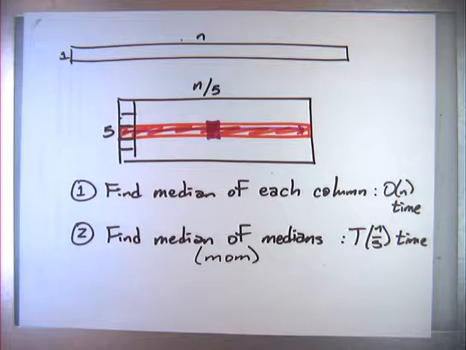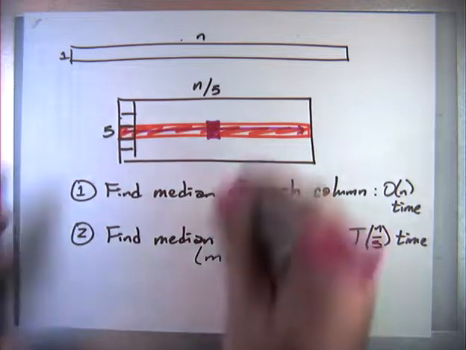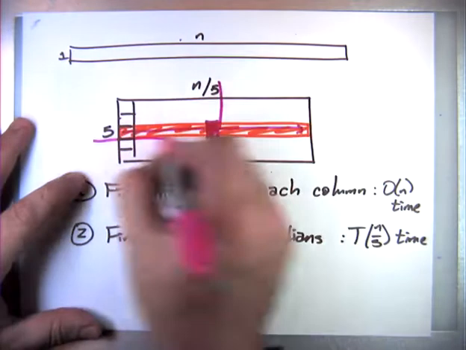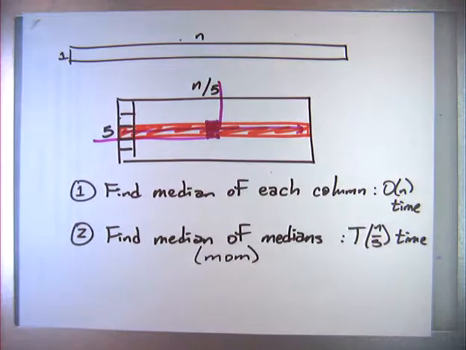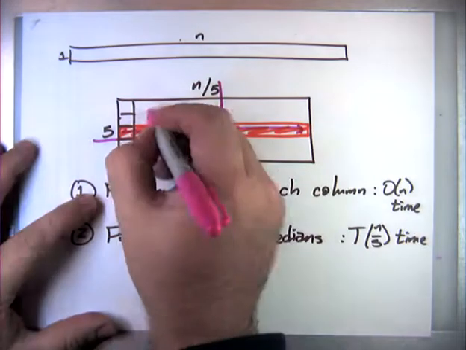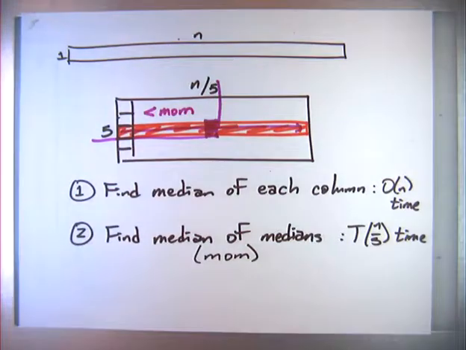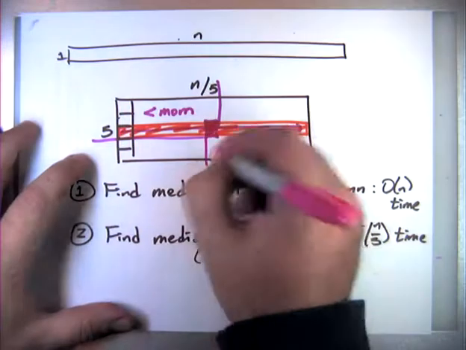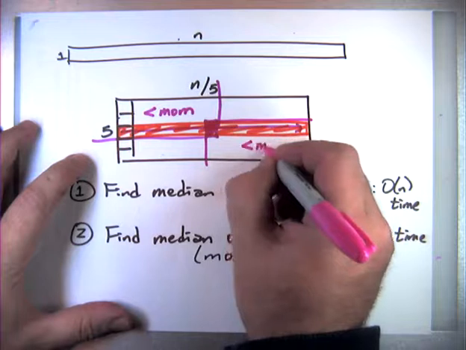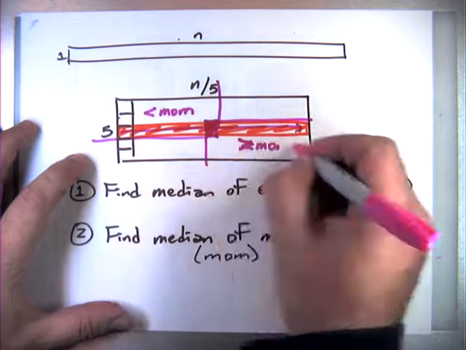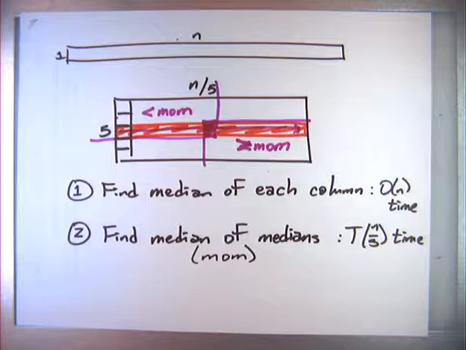Okay? Now, why do I want to do that? The reason is now, if I imagine that the middle row is in sorted order, and each column is in sorted order, everything in this upper left quadrant is smaller than the median of medians. And everything in this lower right quadrant is larger than the median of medians. Okay?